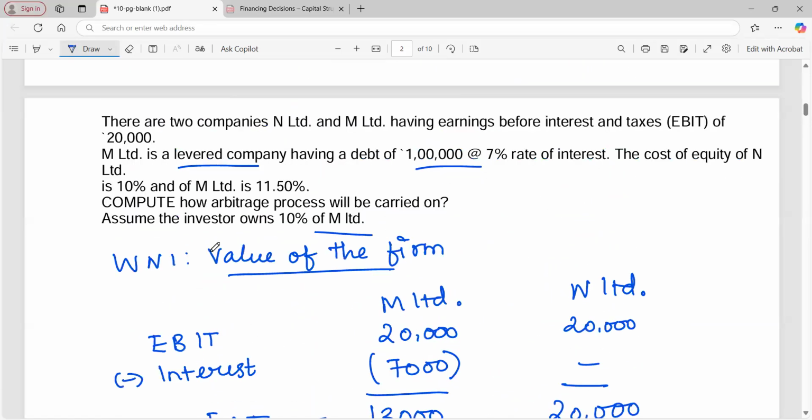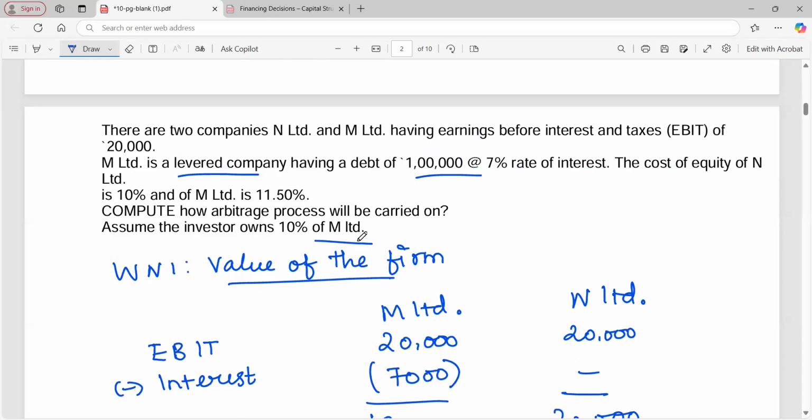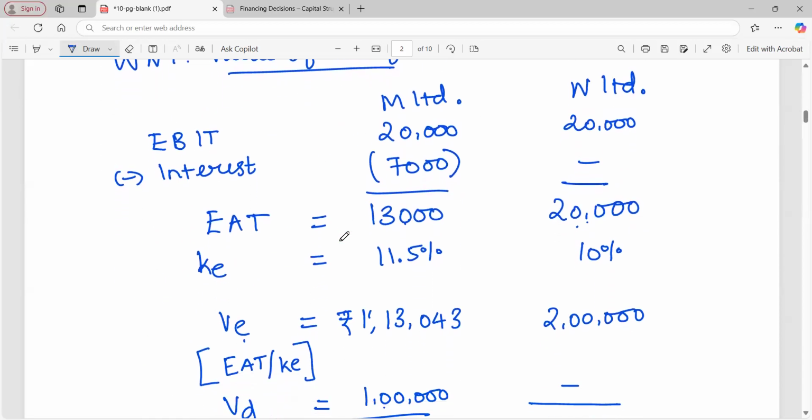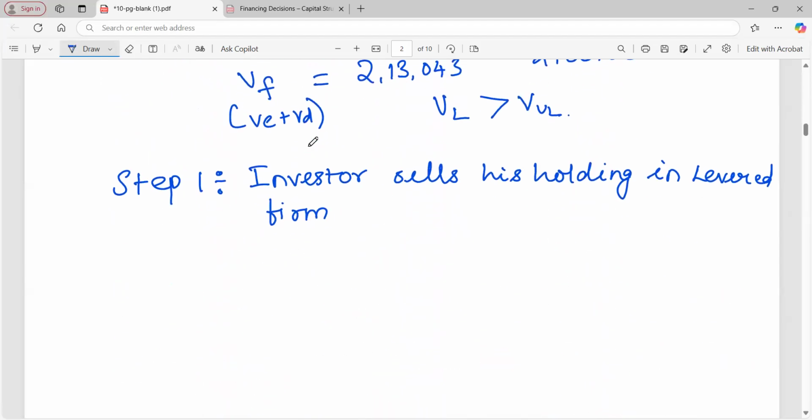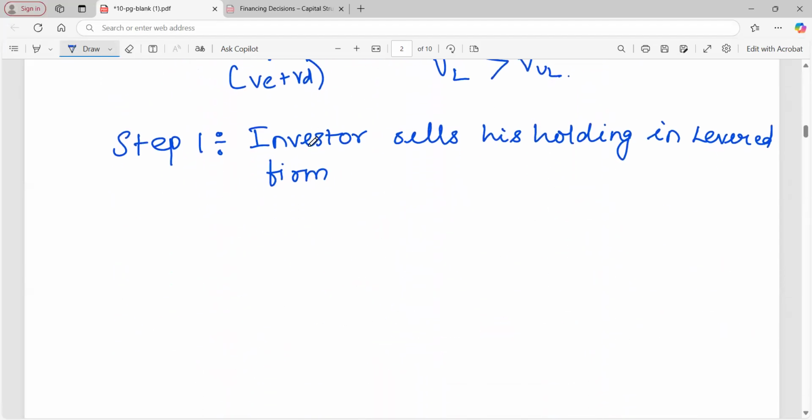It is given in the question that the investor owns 10% of the levered firm, which is M Limited, right? So here, what is the total value of equity for M Limited? It is 2,13,043, out of which 10% is owned by the investor. So first, the investor will sell his share of investment from the levered firm. So what is the share?